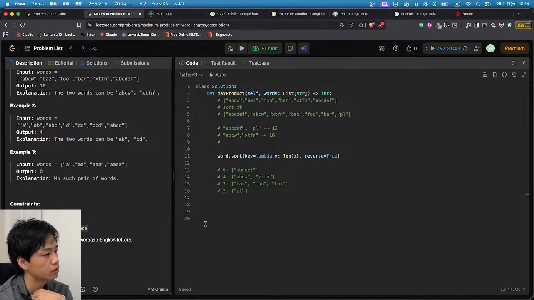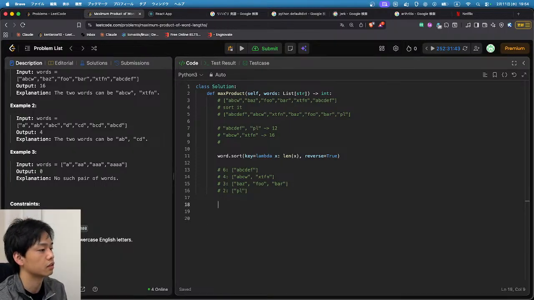So we have to look at the letters one by one, but it's at the most 26, so it's constant time.